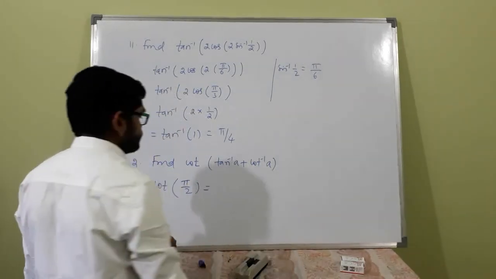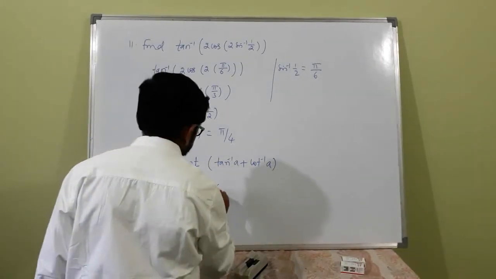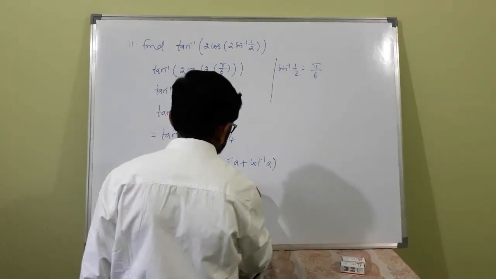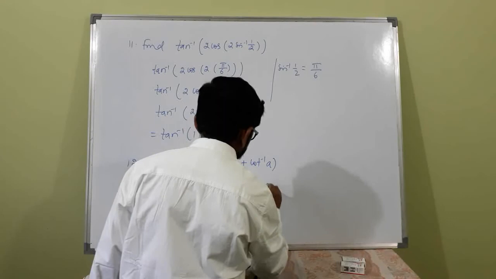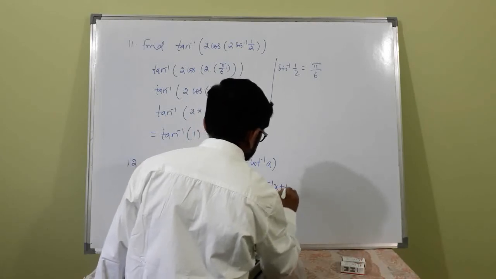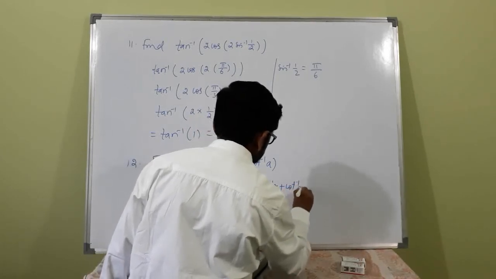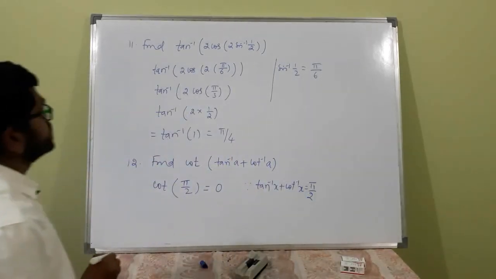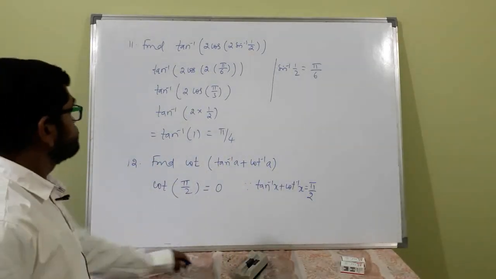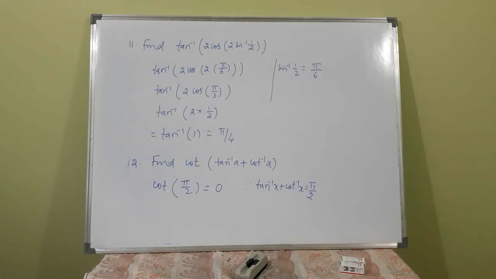Cot 5 by 2 is 1 by infinity, that is 0, as tan inverse x plus cot inverse x is equal to 5 by 2. Yesterday also you solved one type of this question, cos of secant inverse x plus cosecant inverse x, like that.